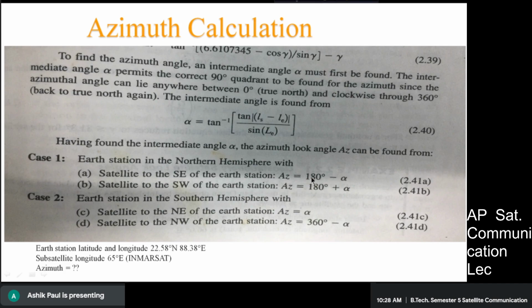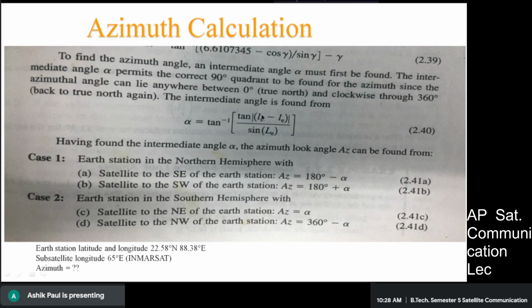So, this value of alpha, which is the intermediate angle, essentially contains the contribution coming from the west longitude of the subsatellite point, as well as the west longitude of the Earth station, and the north latitude of the Earth station.